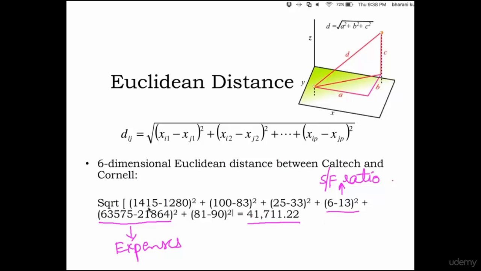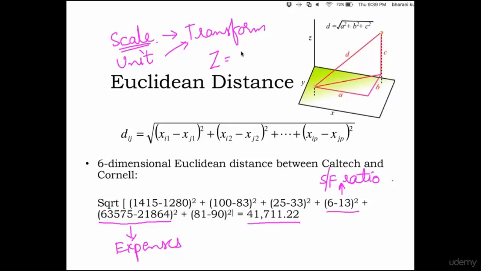Hence, if you have scale difference, if you have the values in different scales, here you have 6 to 13, that's one scale. A 5-digit number like 23,575 is a different scale. If you have scaling issues, you need to transform the data. Of course, you also transform the data if you have unit issues. If everything is in different units, you try to transform the data. How do we transform here?